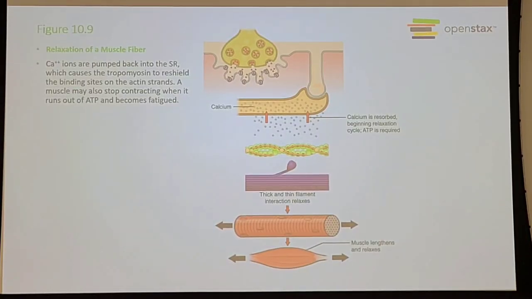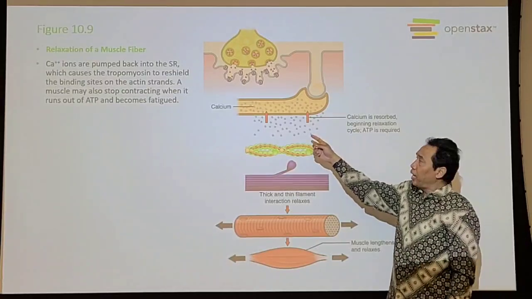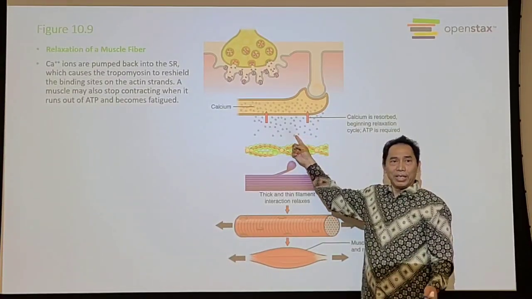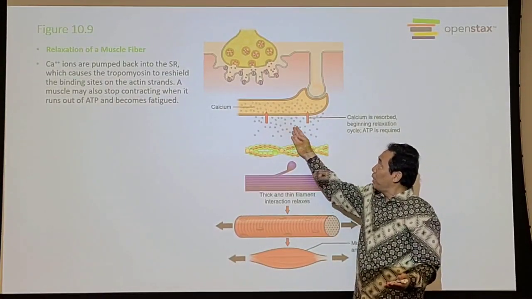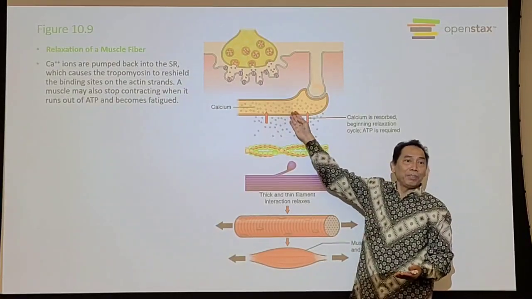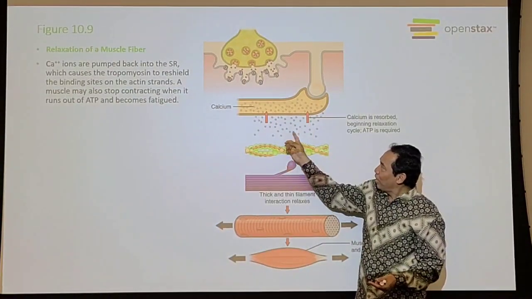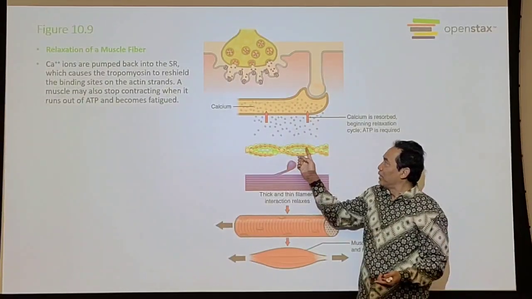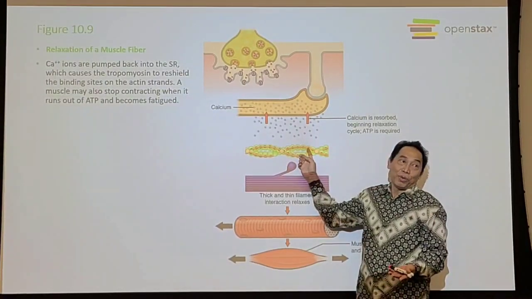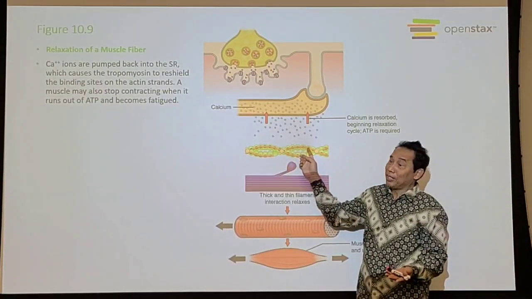Yeah. So, how about relaxation? Again, relaxation starts when the calcium is not needed anymore. It will be returned back to the SR. So if you don't have calcium over here, what happened? The troponin will not bind the calcium.